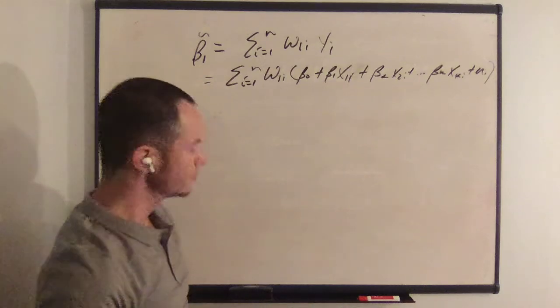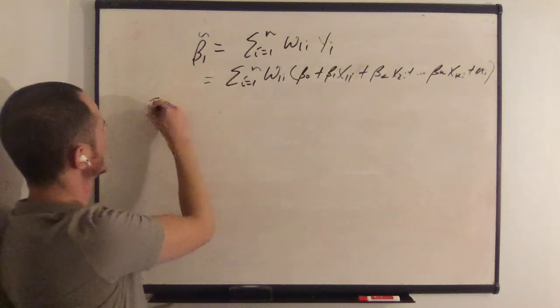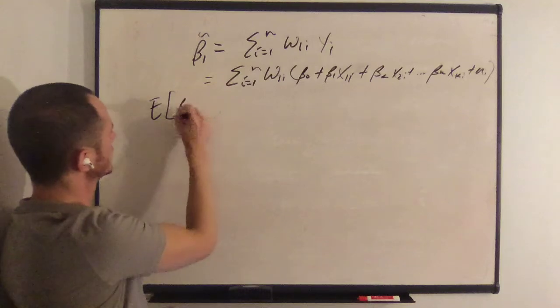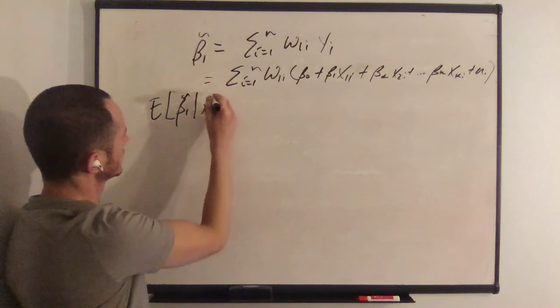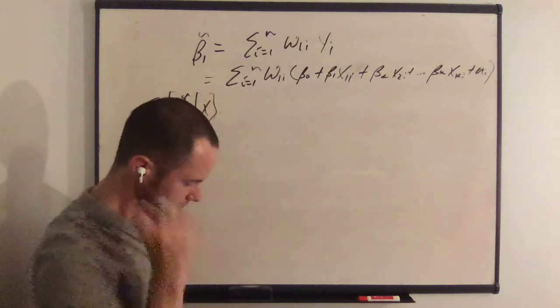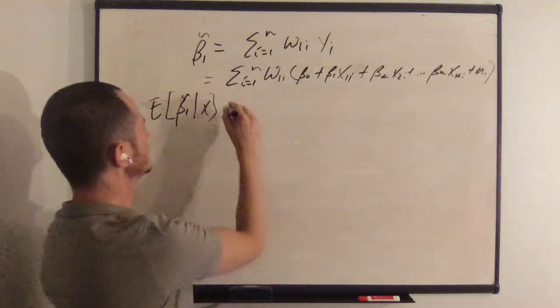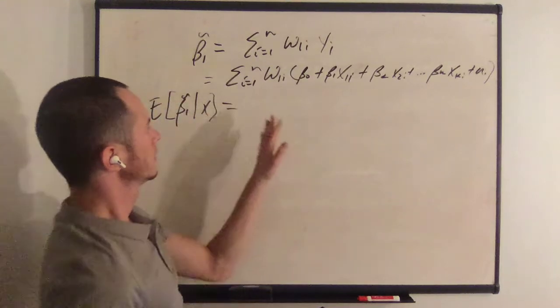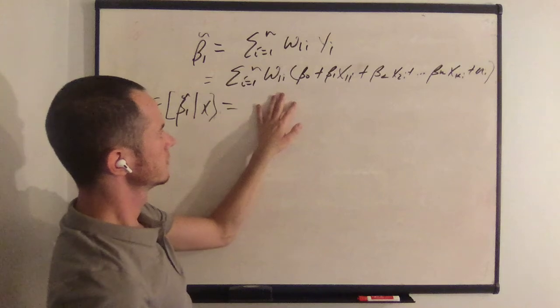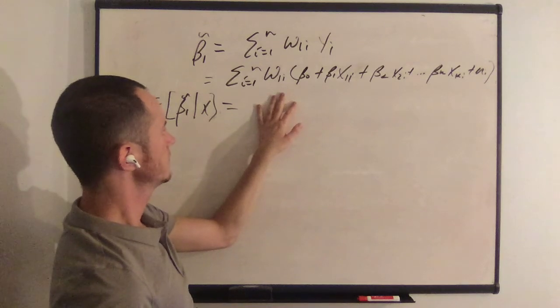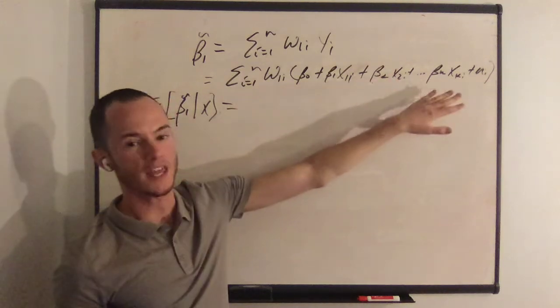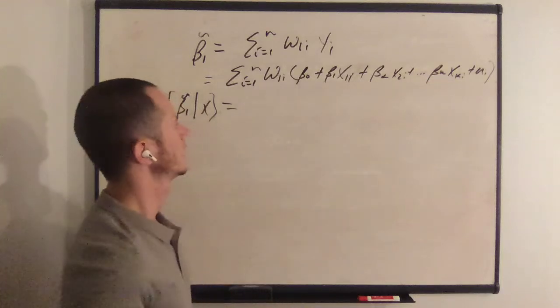And what we can do then is to take the expected value of beta 1 tilde given x. This is equal to the expected value of this whole thing given x.